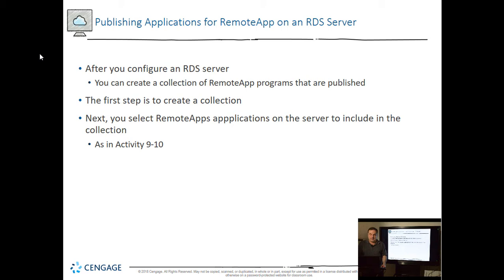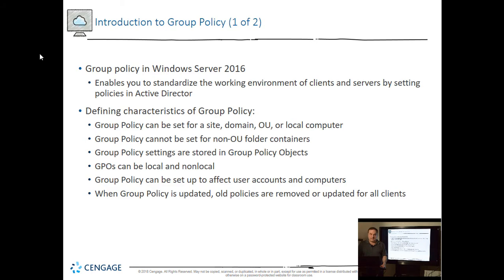After you configure RDS, you can create a collection of remote apps that we talked about that can be published to the website. You can just give them access to the desktop itself, and then they can launch any application at that time, which is a little bit less secure. You can also use group policy to standardize the working environment of clients logging into remote desktop.